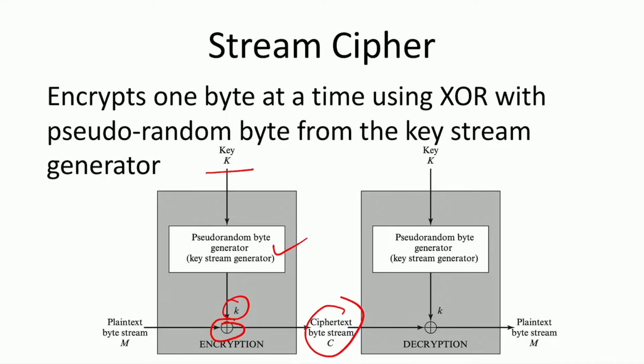Similarly, at the receiver side for decryption, each byte of the ciphertext is then XORed with each byte of the key stream to generate the plain text.